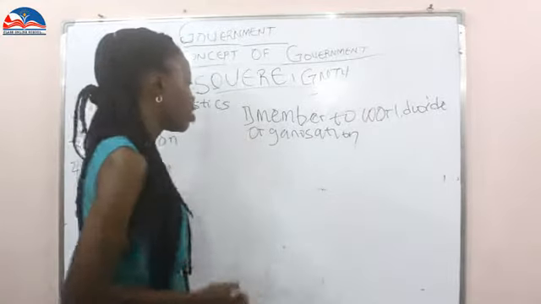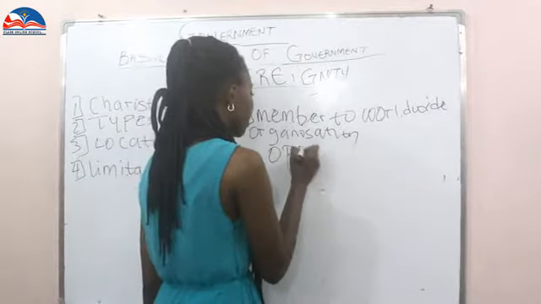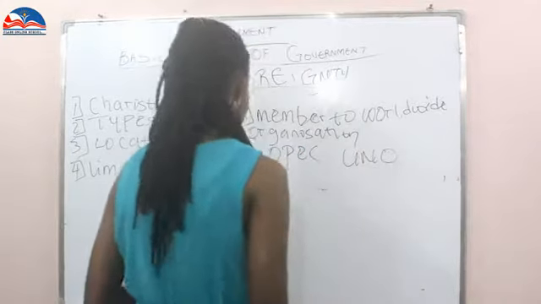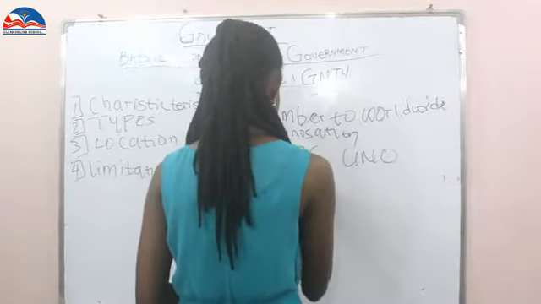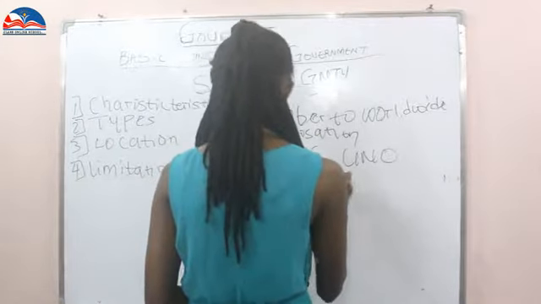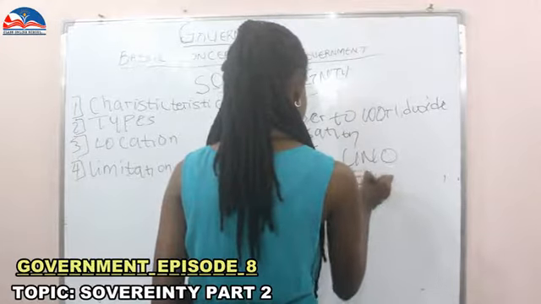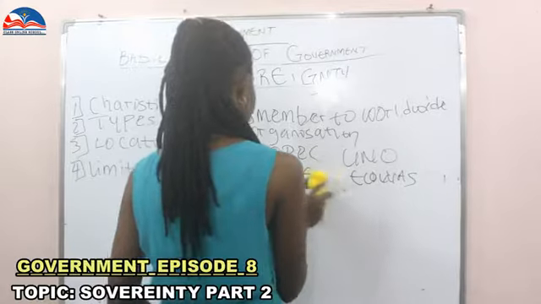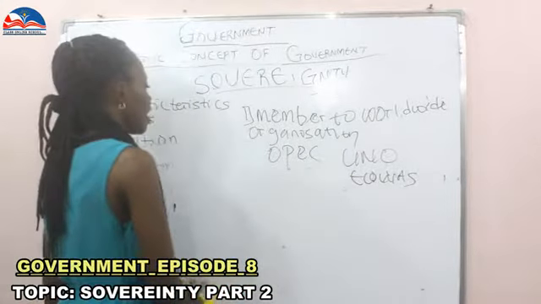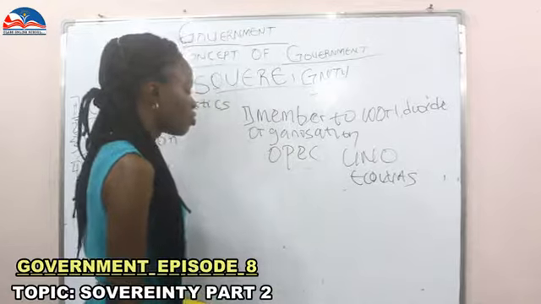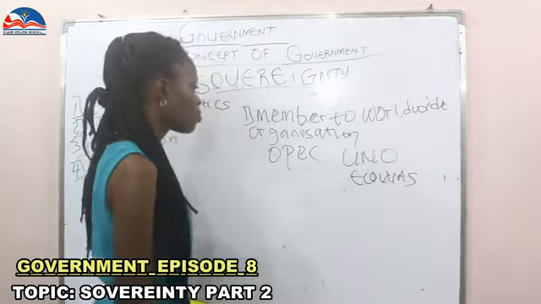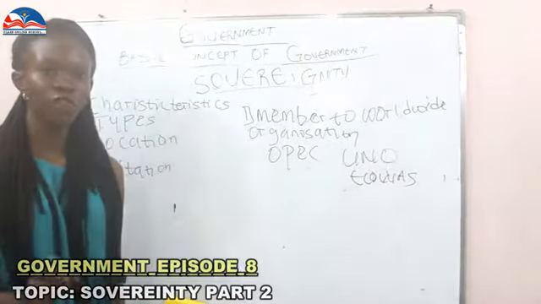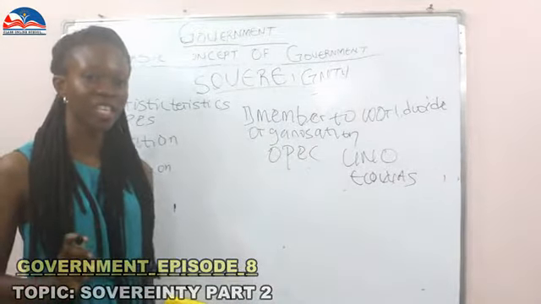Examples of these worldwide organizations, let's go: OPEC, UNO, we have EEC, we have ECOWAS, or rather let's just take ECOWAS and leave EEC. So this OPEC has to do with petrol control in a country. And UN comes to the aid of nations in times of need when disaster strikes.